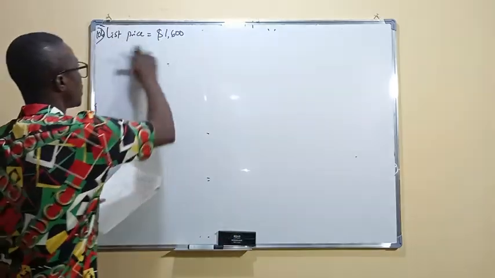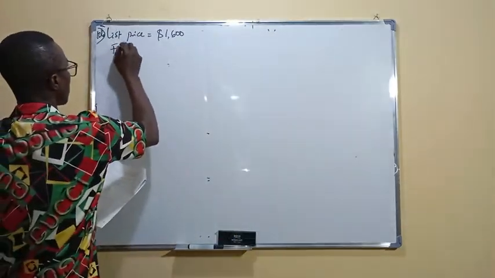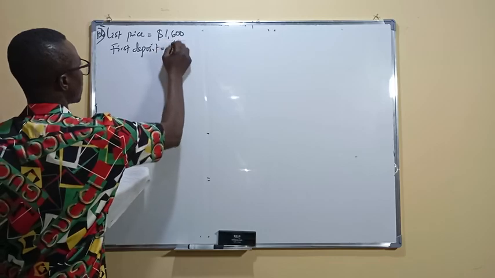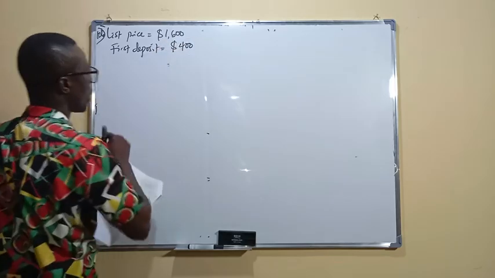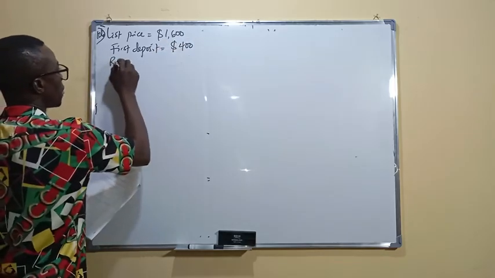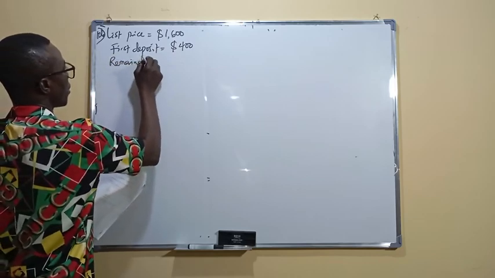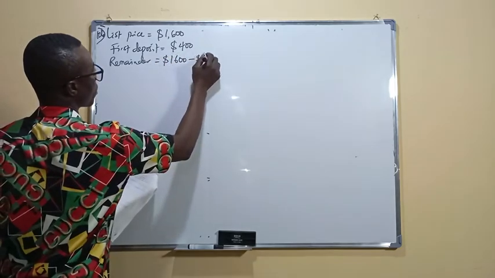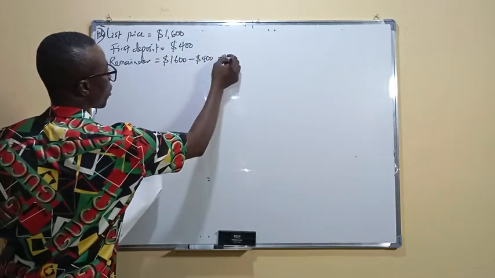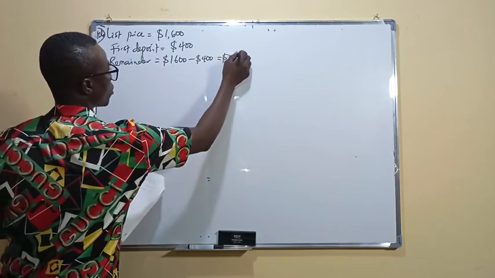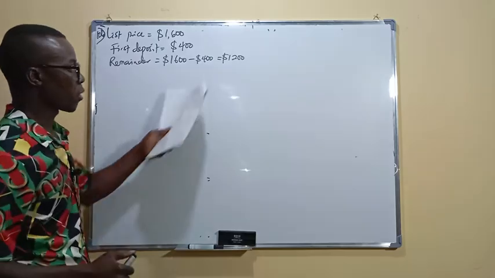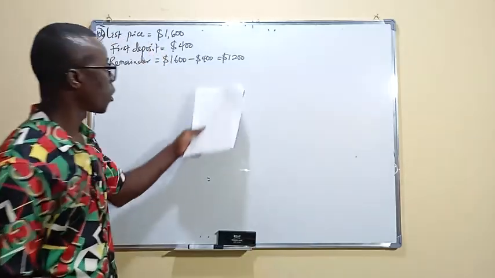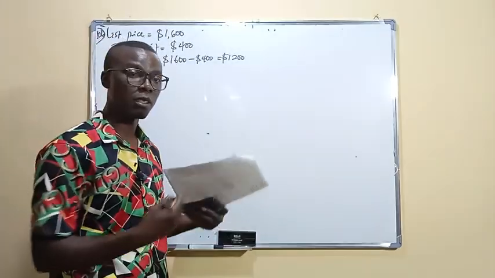So since we have this, I'm going to say first deposit, that's $400. So what will remain? The remainder will be 1,600 minus 400, and that will give us 1,200. So after I deposited $400, what will be left is $1,200 to pay.